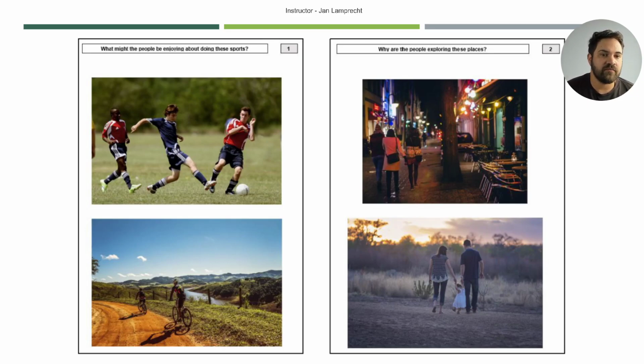Why are the people exploring these places? Now, remember, what do you need to do? Okay, you need to find similarities or differences between the two photos. You need to speculate with probably, maybe, might, seem to be, and you need to jump from one photo to the other with a very easy word, whereas.